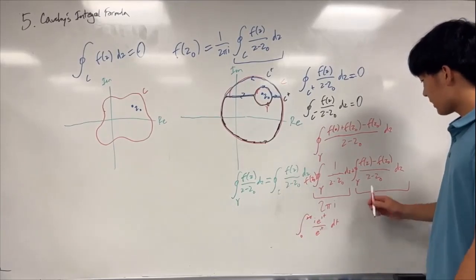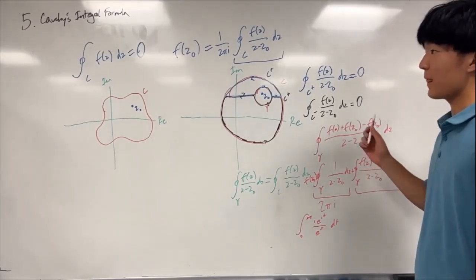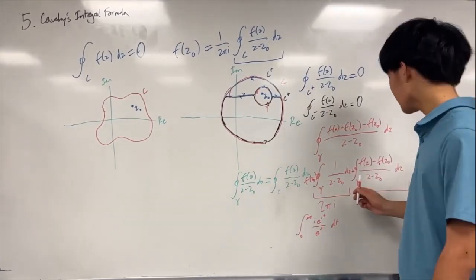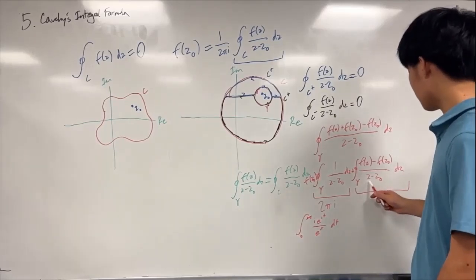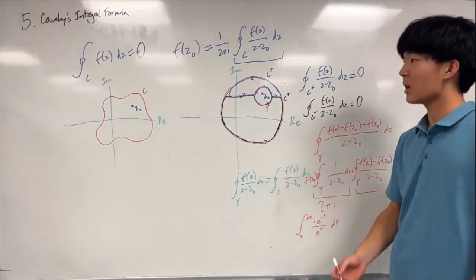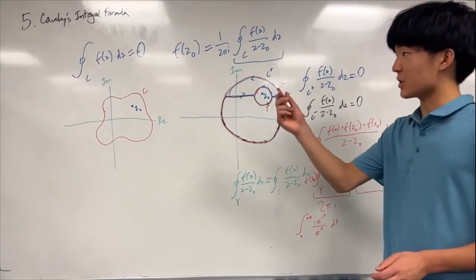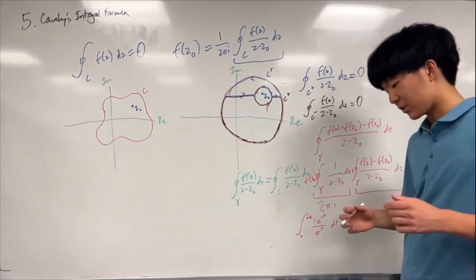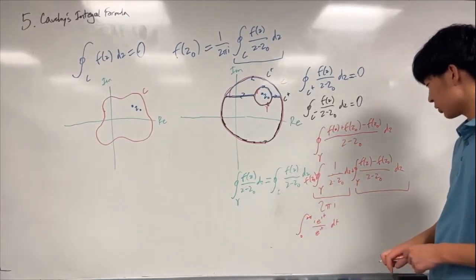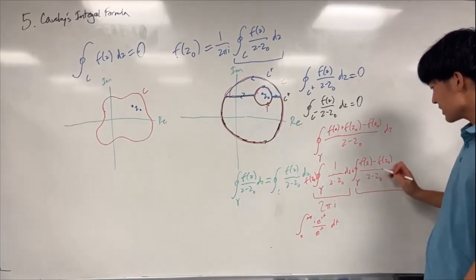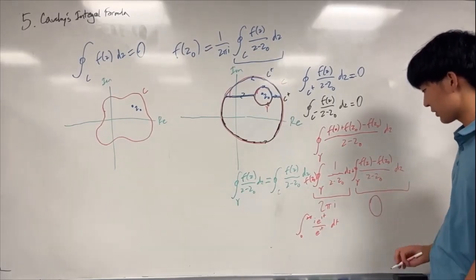This one turns out to actually have Cauchy's integral theorem be applicable to it, despite not being complex differentiable at that point, by a little extension of Cauchy's integral theorem that, for the sake of time, I'm not going to go too deep into. But, essentially, this bit also evaluates to 0.